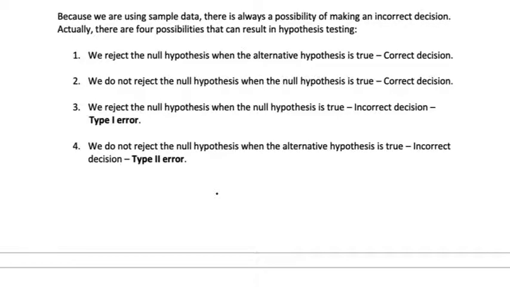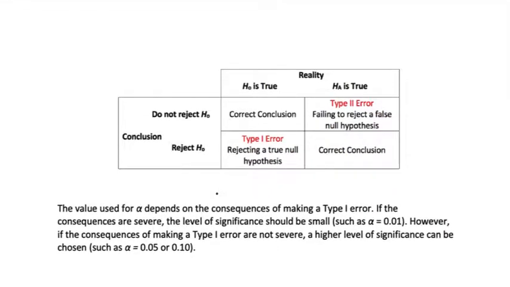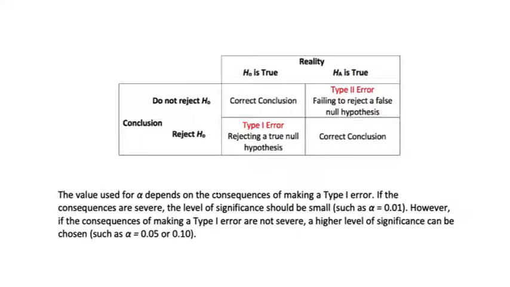You can make an incorrect decision if you reject the null hypothesis, but the null hypothesis is what is actually true. That's what's called a type 1 error. You can also make an incorrect decision if you do not reject the null hypothesis, but you should have rejected the null hypothesis because the alternative hypothesis is what is actually true. And that's called a type 2 error. So this chart on the next page basically just lays out that information.